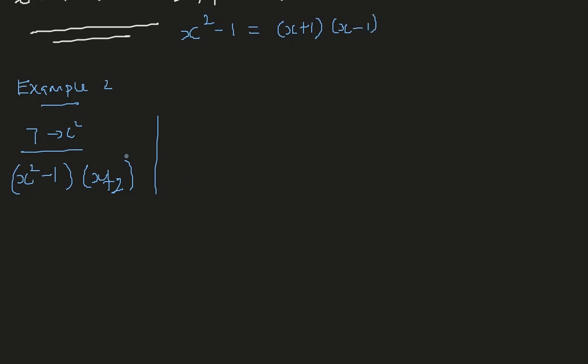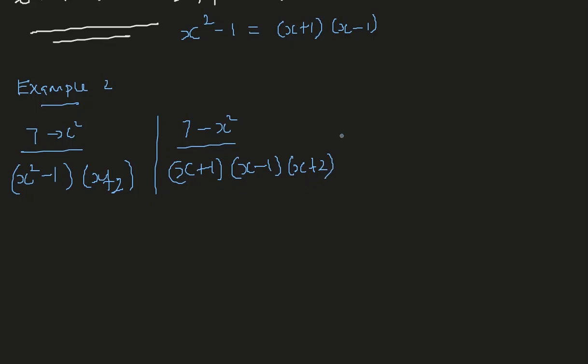So it means we can rewrite this as (7 minus x squared) over, now instead of x squared minus 1, we can put x plus 1 into x minus 1 into x plus 2. You see, now we have distinct linear factors in the denominator.